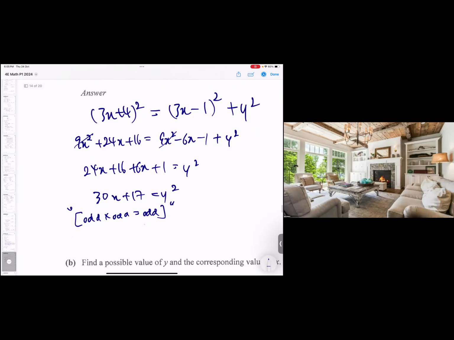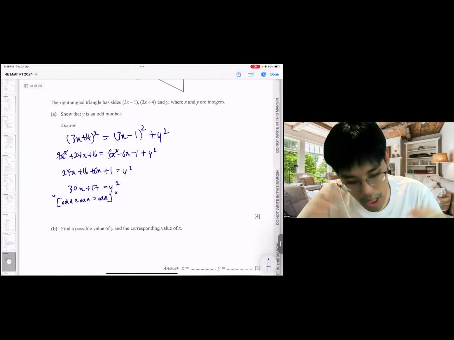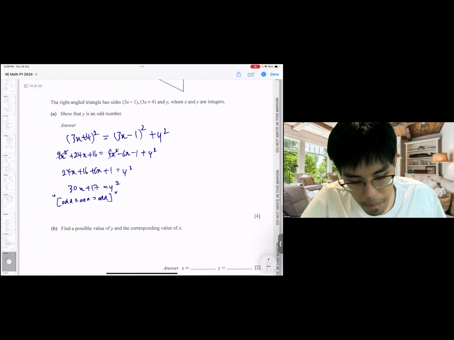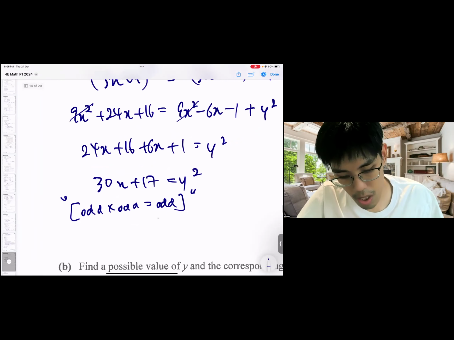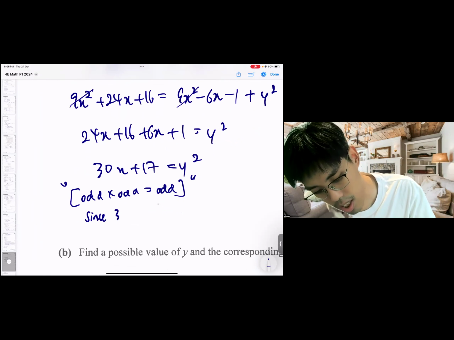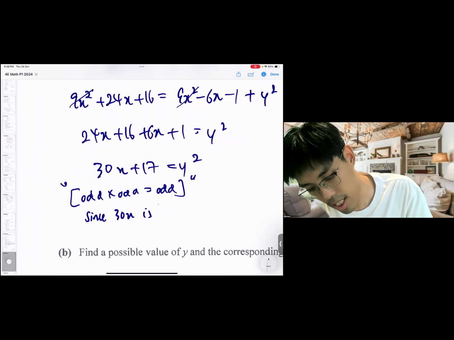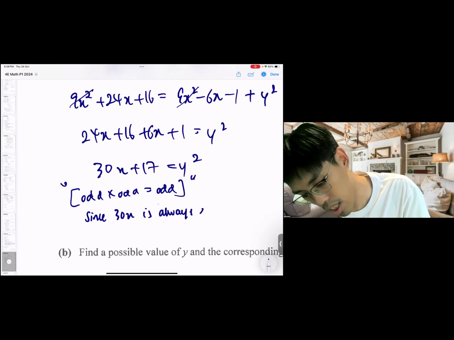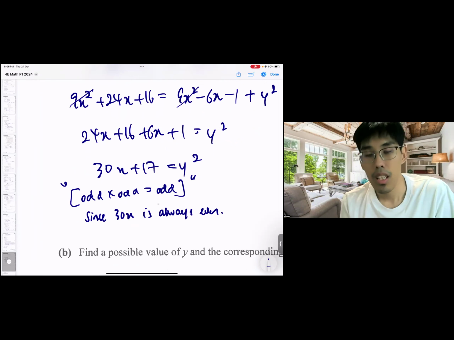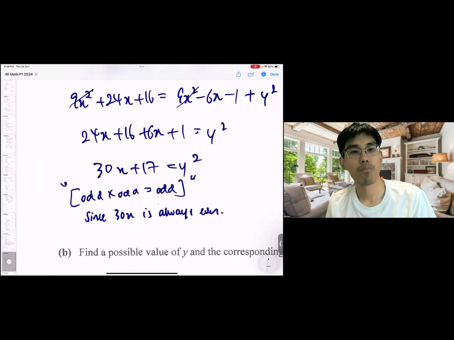Okay, so we need to do a bit of reasoning here. Since 30x is always even, because 30 is even. Even if x is an odd number, how?